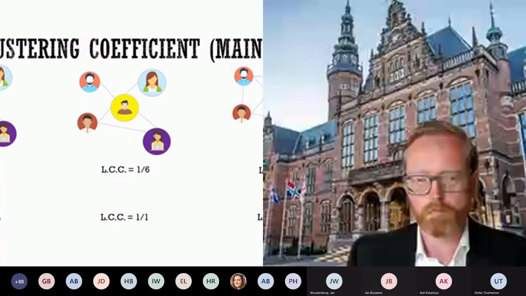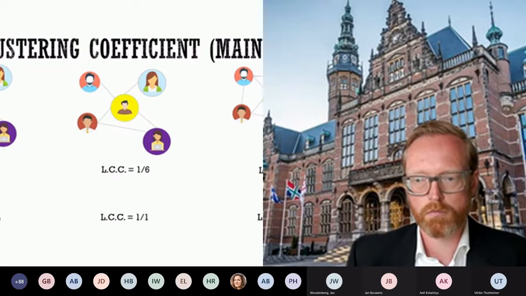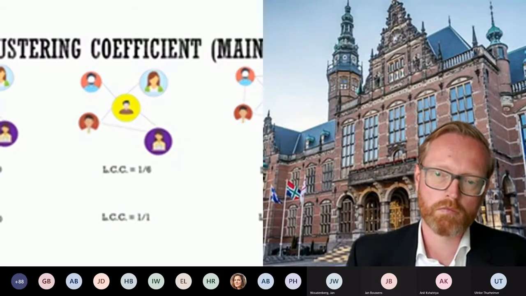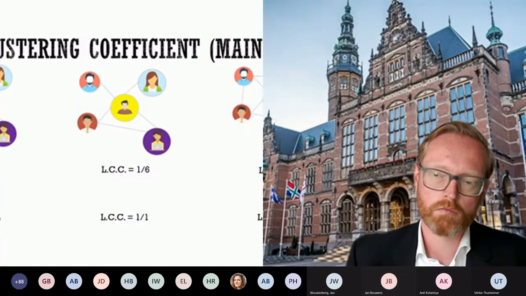So it gives you a local clustering coefficient of 0. The same applies to the guy with the tie, because he's only connected to one person, and so here you also see a local clustering coefficient of 0. Basically, the higher the local clustering coefficient, and it can range between 0 and 1, the more embedded an individual is within the network.